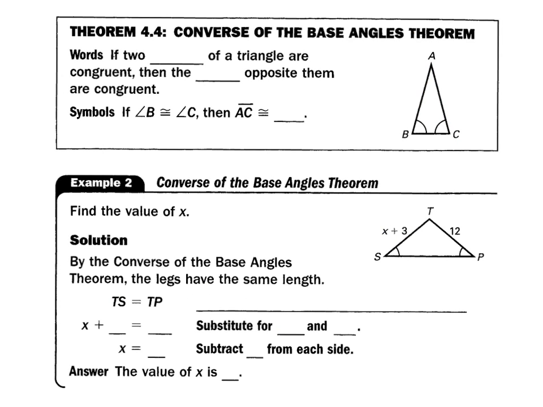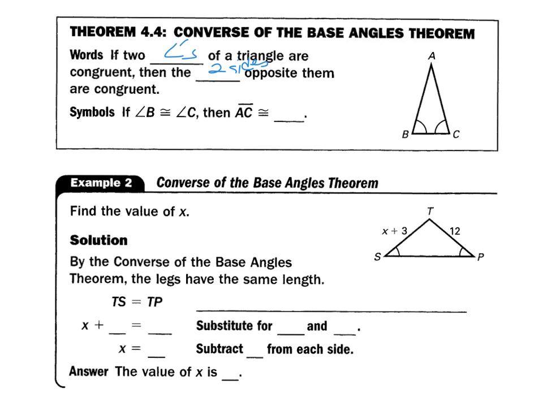Here's another theorem. It states that if two angles of a triangle are congruent, then the two sides opposite them are congruent as well.